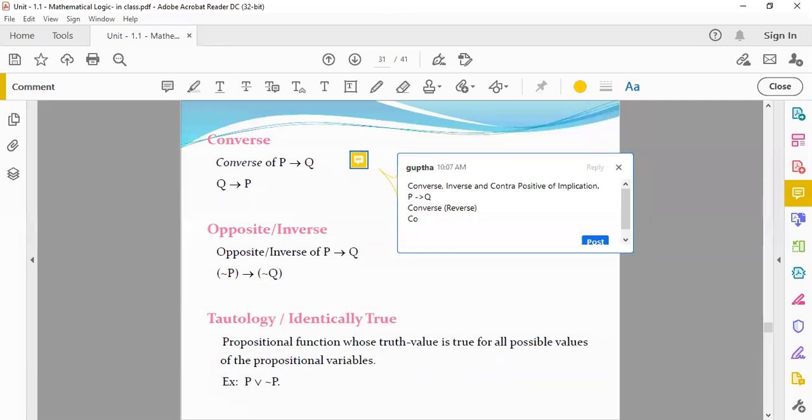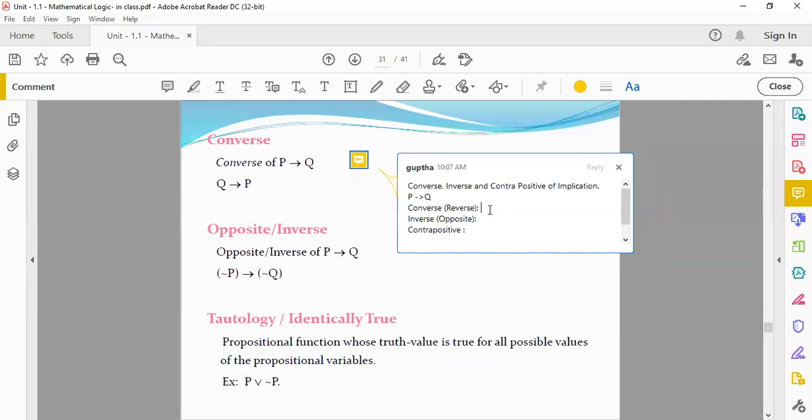Inverse is an exact opposite term. Next, contrapositive. Everyone please observe, it's a 2 marks or else 3 marks question: converse, inverse, and contrapositive.